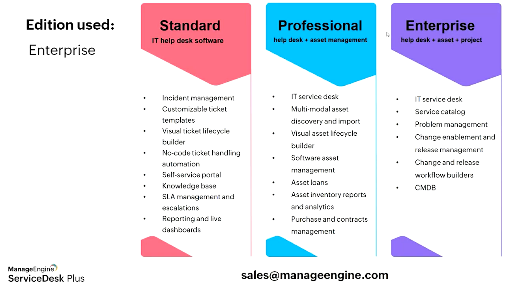Just to clarify, today's content is based on the Enterprise Edition, which includes all the ITSM features. If you are on Standard or Professional Edition, some features might not be available, but you can always consider an upgrade if you find them useful.